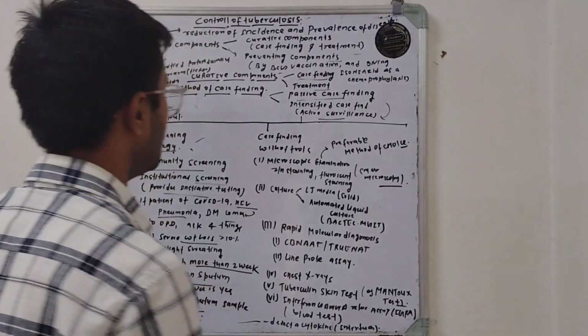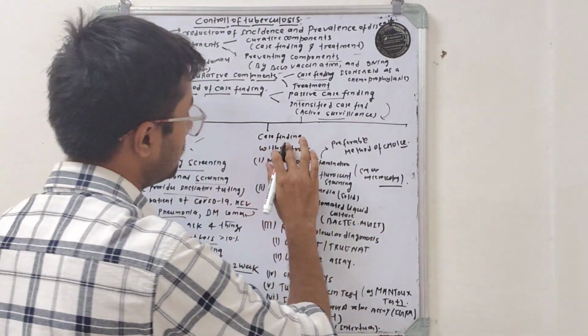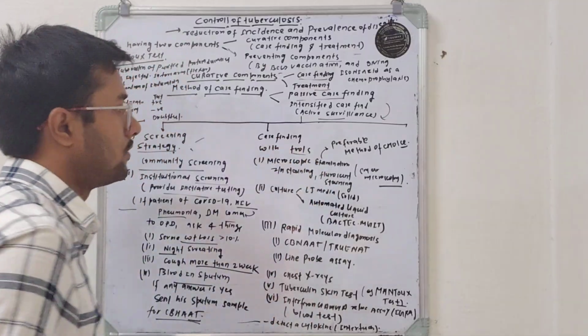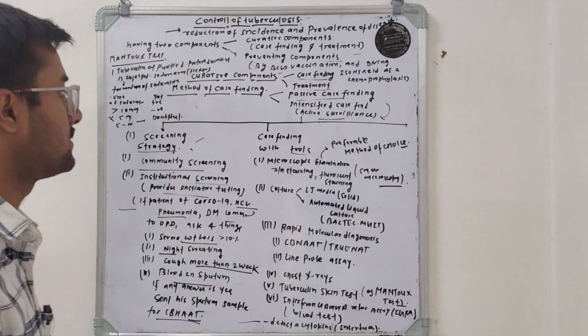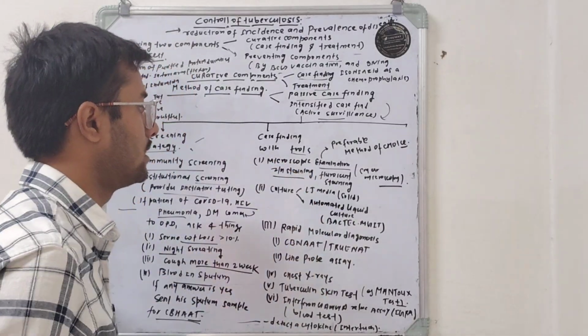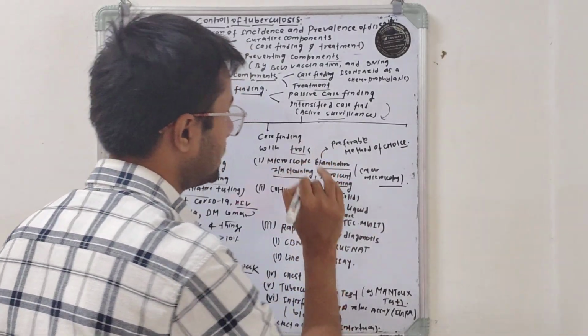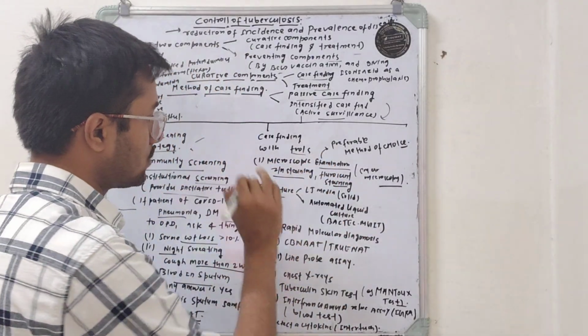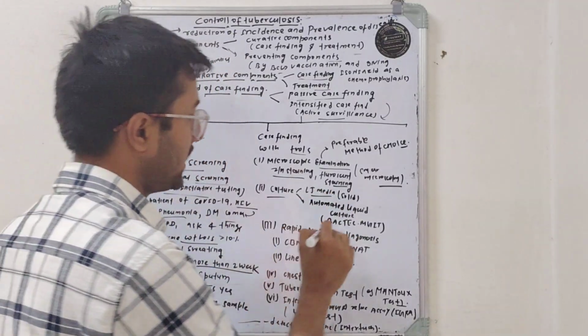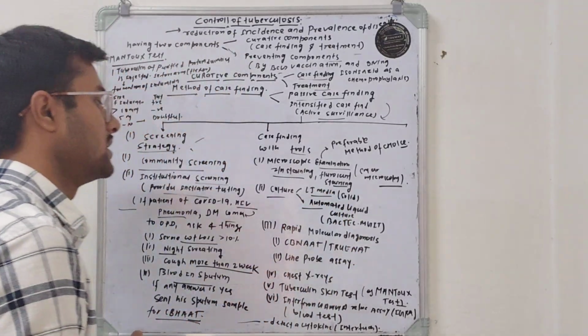Okay, case finding with tools. The preferable method for case finding is microscopic examination by Ziehl-Neelsen staining and fluorescent staining. Second, go for culture in solid LJ medium and automated liquid culture like BACTEC and MGIT.